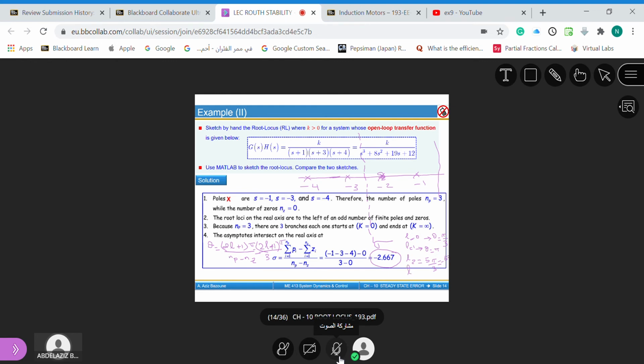Now L equal to 3 gives you 7 pi over 3, which is the same as 60 degrees, repeated as the first one, pi over 3.